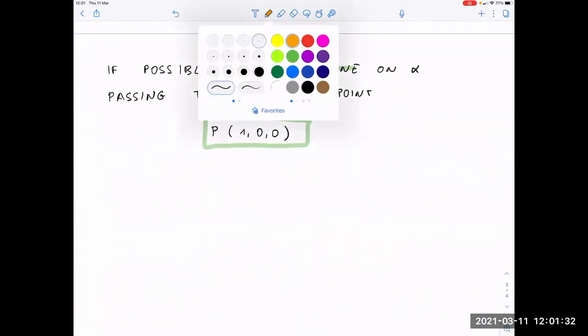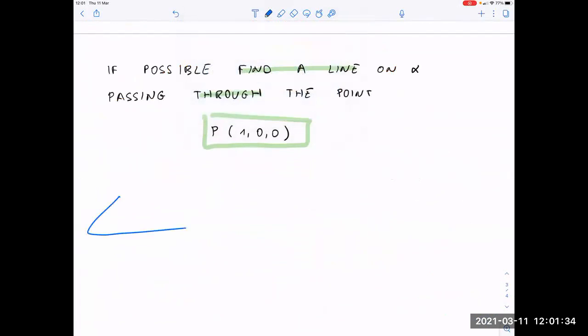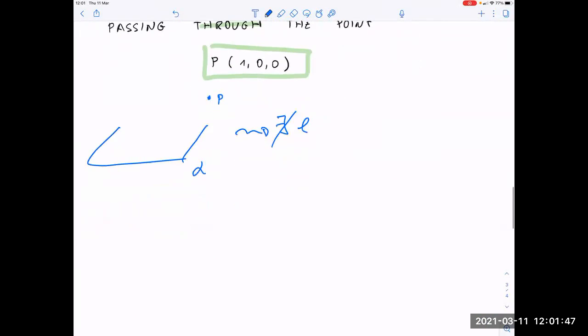And I hope you agree with me that if the point is out of the plane, then the answer will be L does not exist, right? If the point is on the plane, well, then you can find L. So the first check is, is the point outside or on the plane? Which of the situations are we actually in?